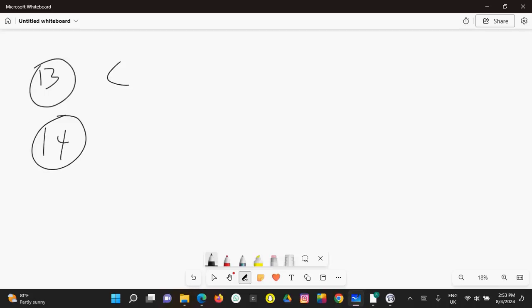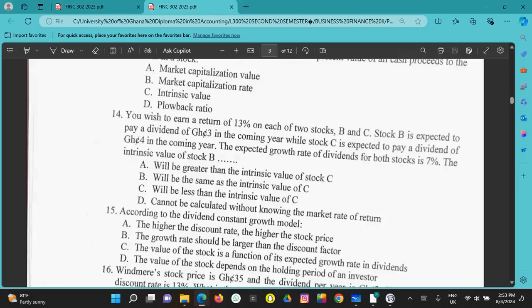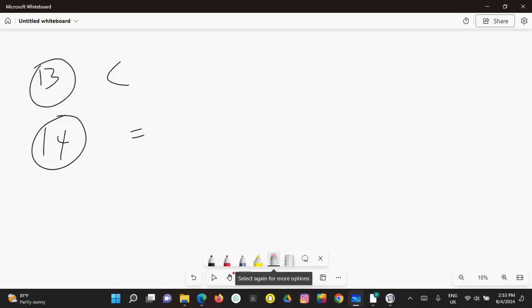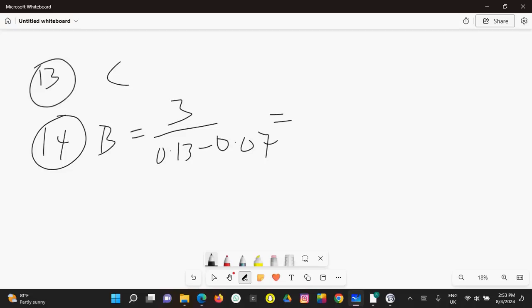So let's do this quickly. It was B and C, so stock B, sorry. For stock B, remember that this is dividend over R minus G. So 3 over 0.13 minus 0.07, and we are going to get 50.